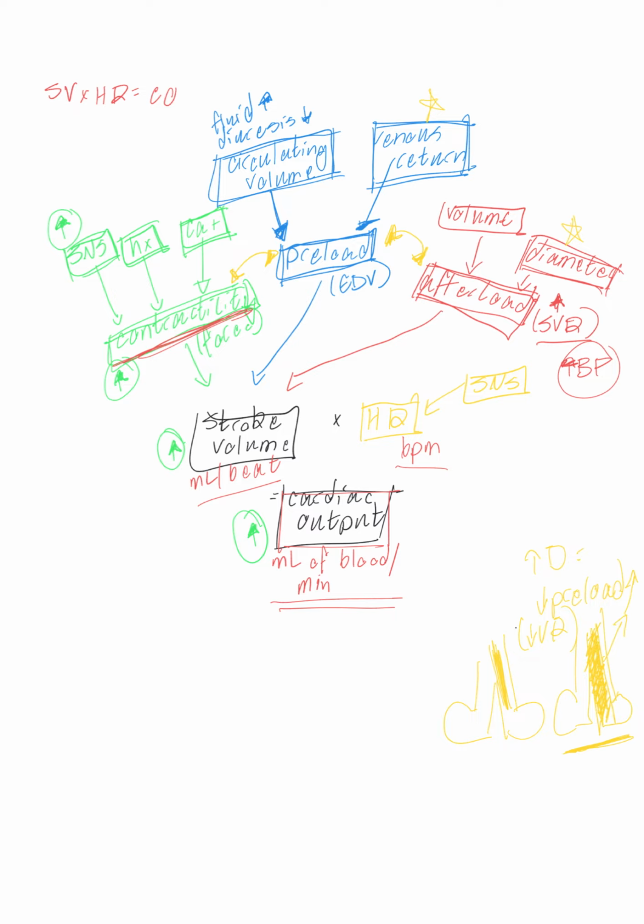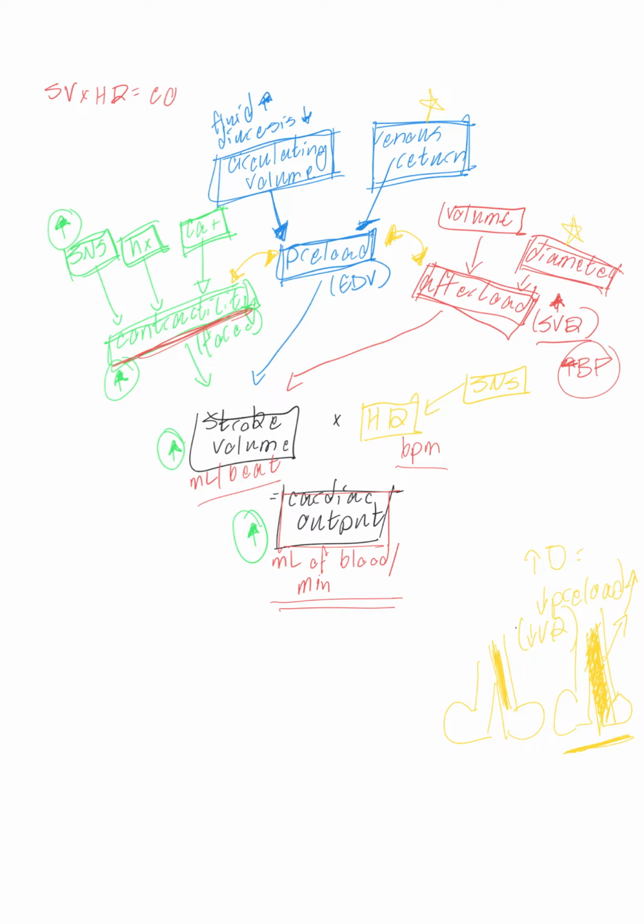So being extremely vasodilated can actually decrease your cardiac output because you have a decreased venous return, decreased preload, decreased stroke volume, therefore a decreased cardiac output because you have an increased diameter. So that's how preload and afterload work together.